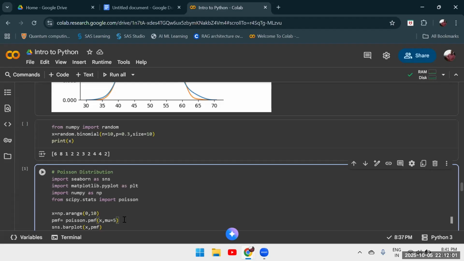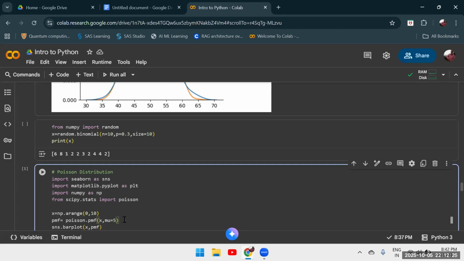It gives a probability and assigns it to a discrete random variable, which is equal to some values.